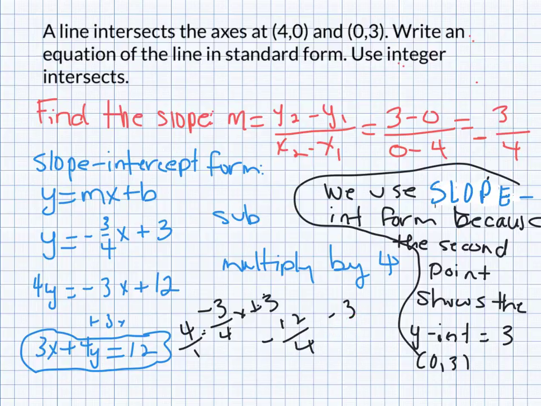So we have negative 3x plus 12, because 4 times 3 was 12. On this side we end up with 4y, because 4 times y is 4y. We add 3x to both sides. That leaves us with 12, and we end up with 3x plus 4y on the left side.